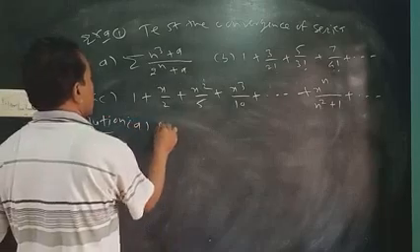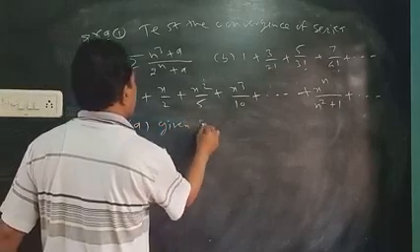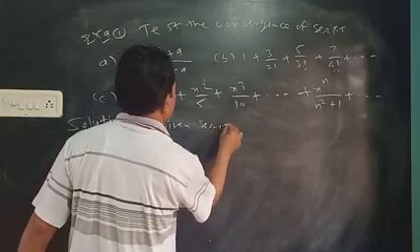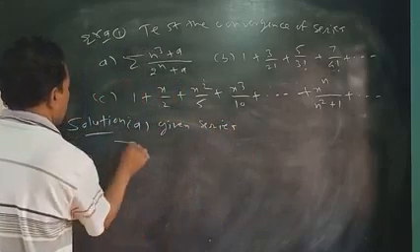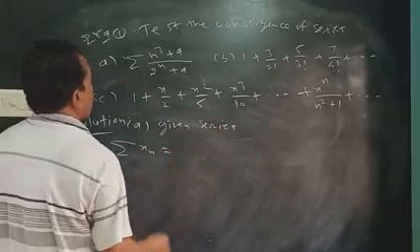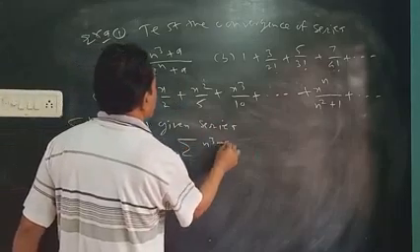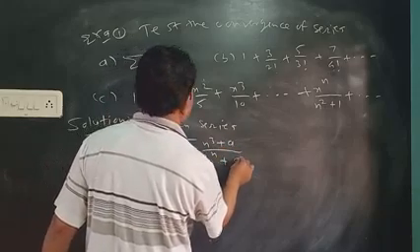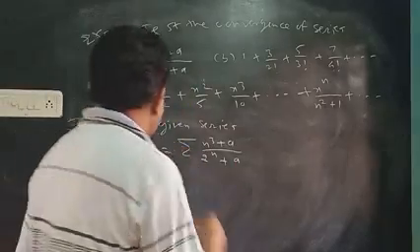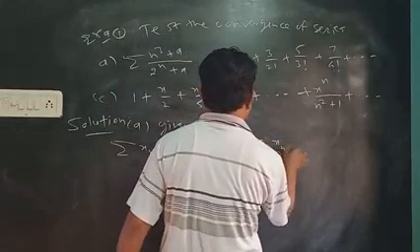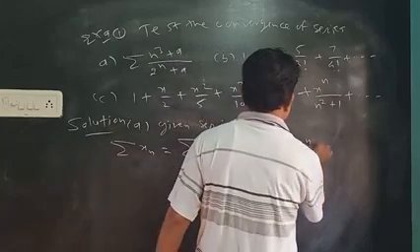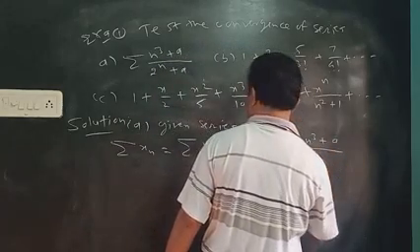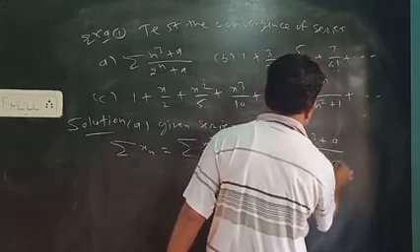So first question, given series summation xn equals n cube plus a divided by 2 raised to power n plus a. Therefore the nth term xn will be n cube plus a upon 2 raised to power n plus a.